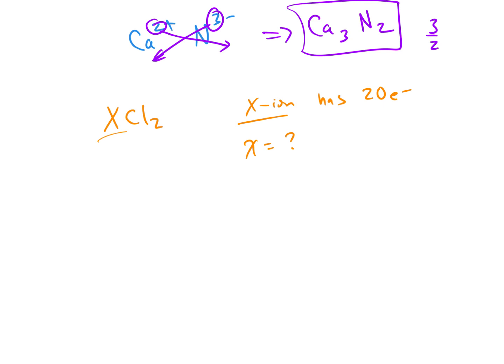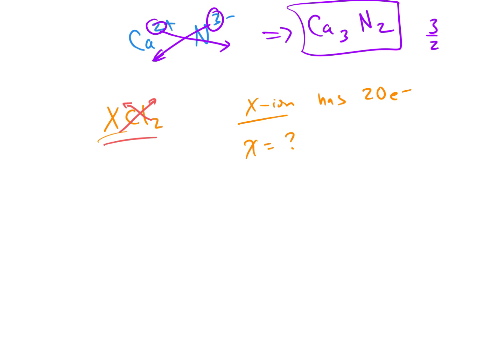There's a couple ways we can do this, guys. We can cross these numbers back up. There's only one bad thing about doing it this way. We have to simplify when we're done, don't we? Is this simplified?